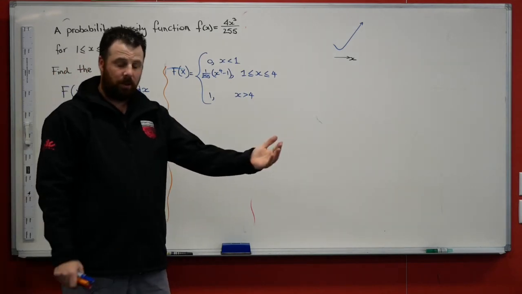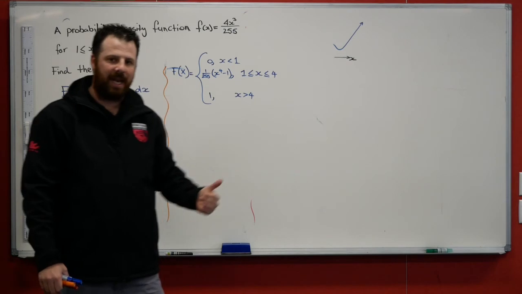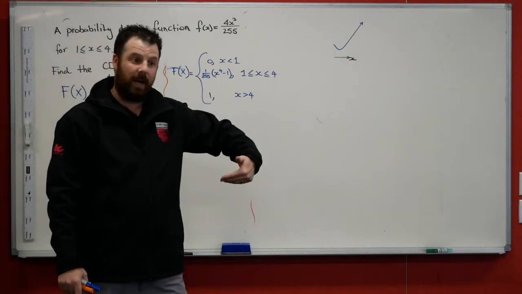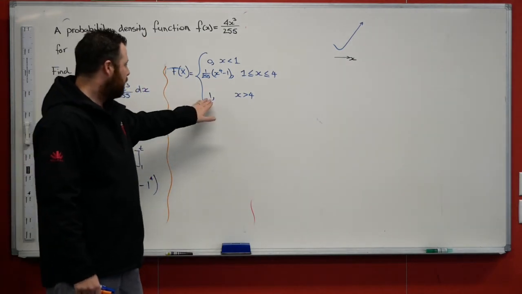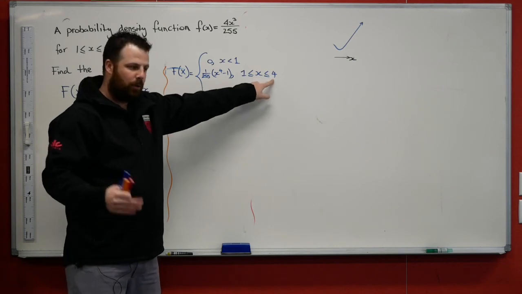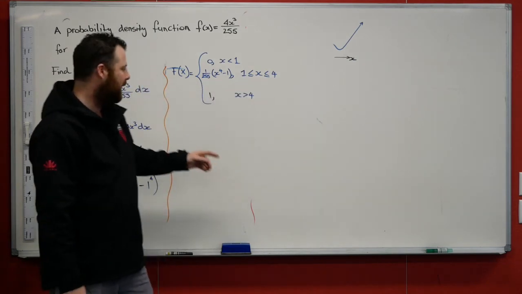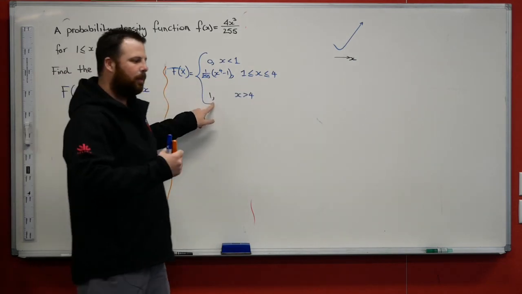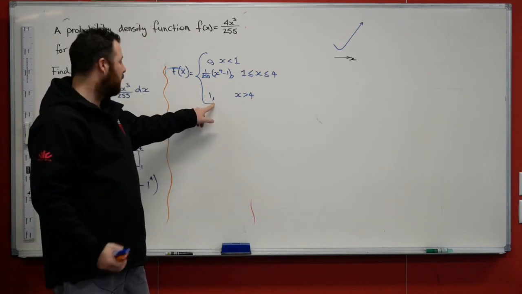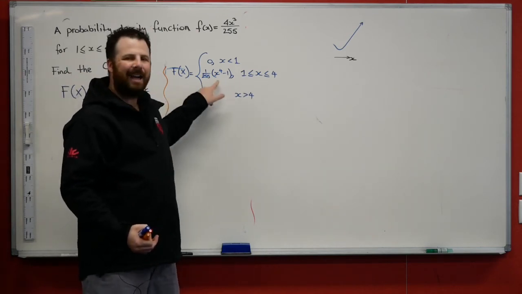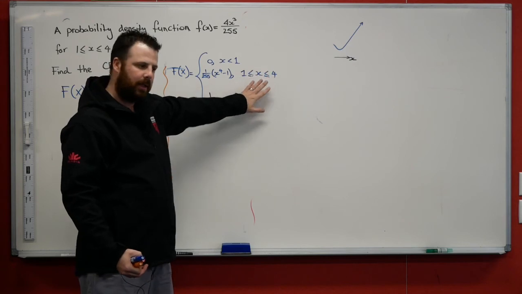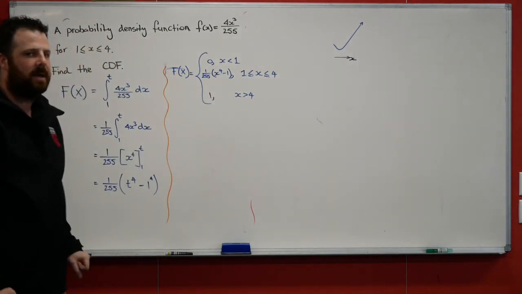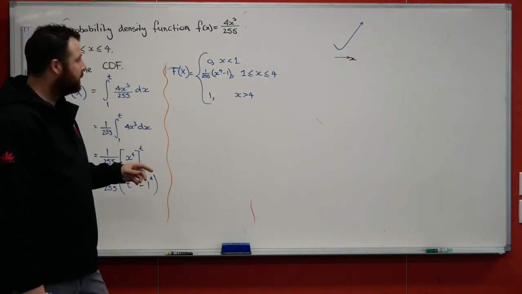After the number 4, I don't care. I don't want to add any more area. So I know it's 0 area after 4. But because up until the point 4, I've already added all my areas together, every single point after 4, the total area will be 1 because I've already added to 1 up here. And that's how we find our CDF.